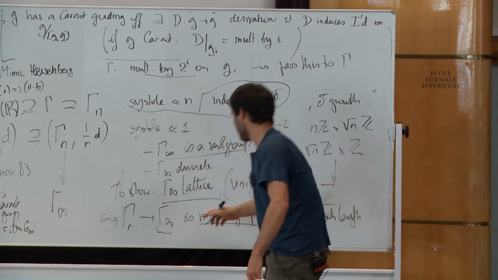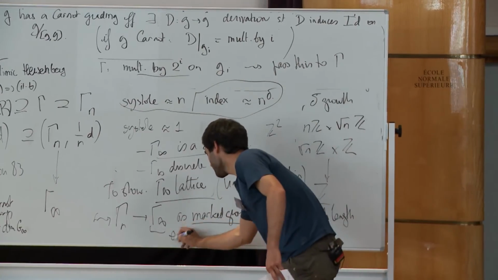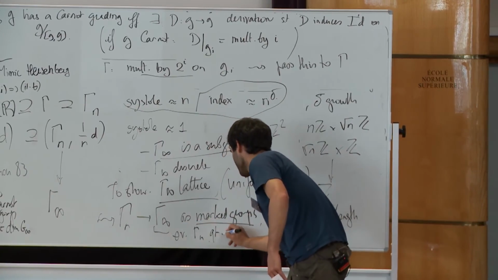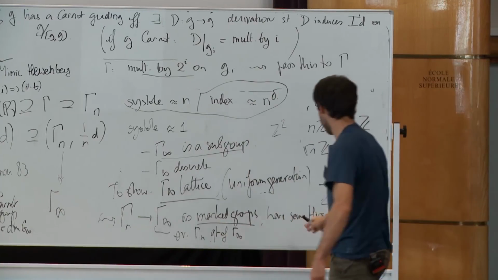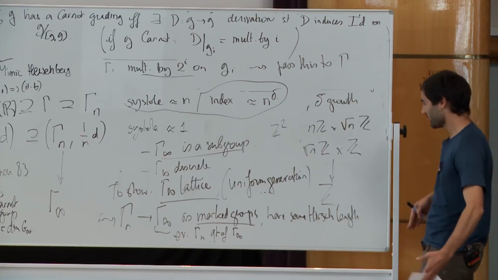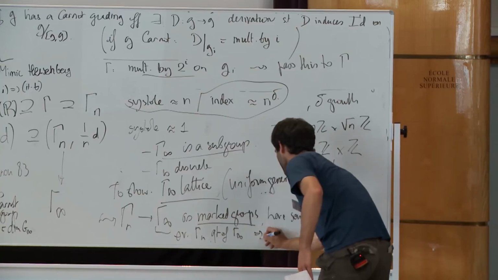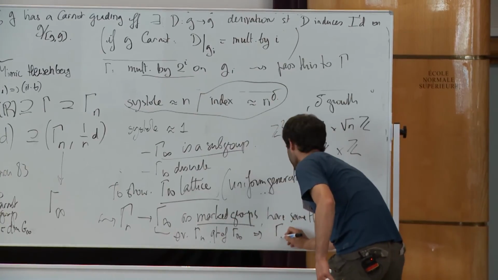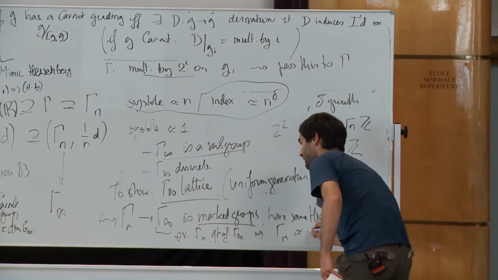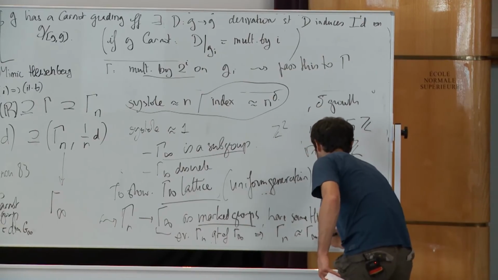So when you converge as marked groups, it means that eventually gamma n is a quotient of gamma infinity. But these are nilpotent torsion-free groups of the same Hirsch length. So what you show is that gamma n is isomorphic to gamma infinity for large n.